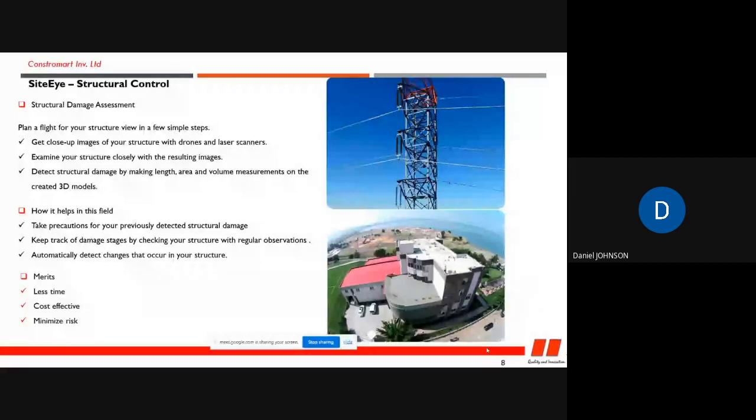And with how it helps in the field, Siteeye can then help to keep track of the various stages of damage by checking the structure with regular observations, and can automatically detect changes that occur in the structure. And with some advantages when it comes to structural control, it's less time, it's cost effective, and it minimizes risk.